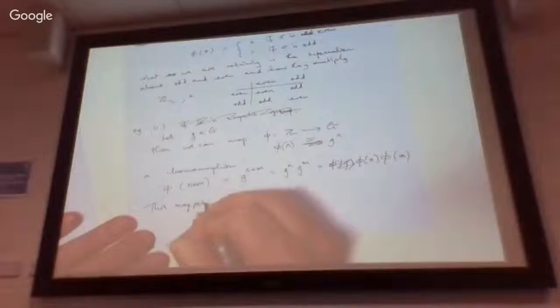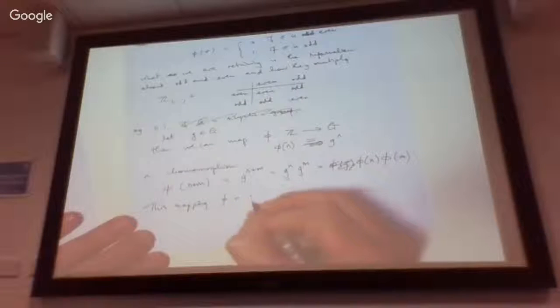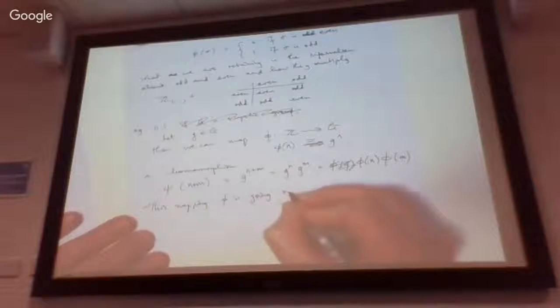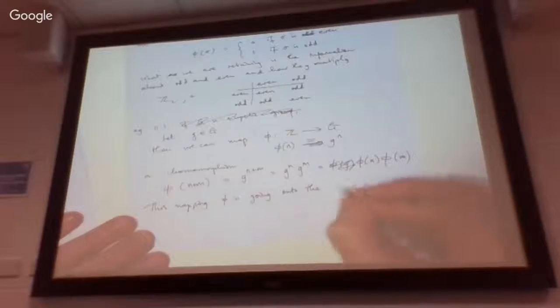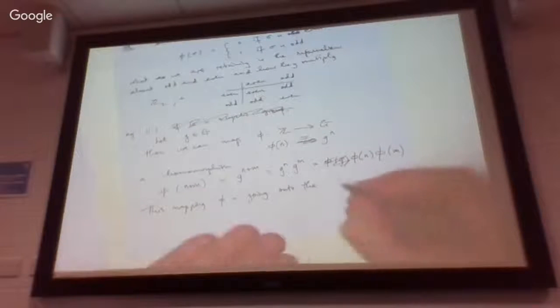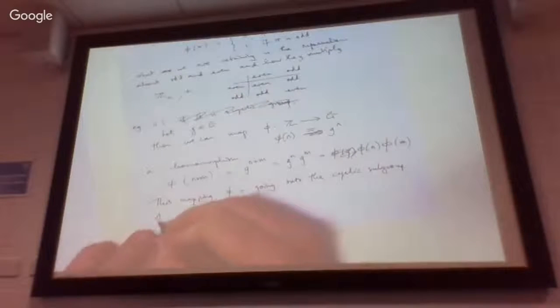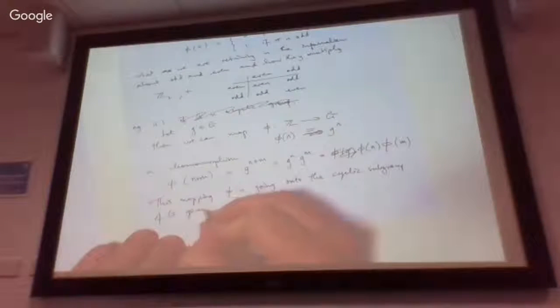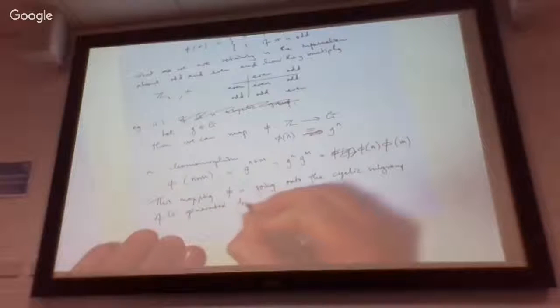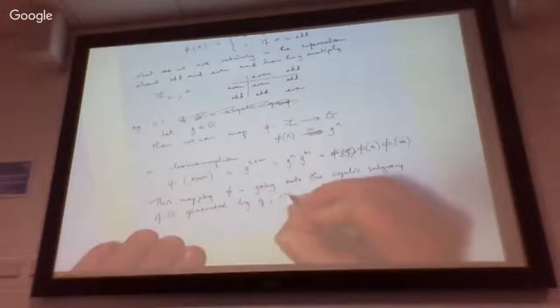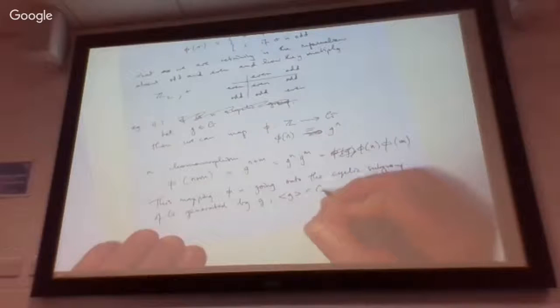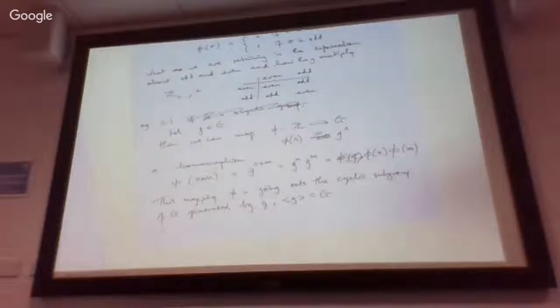And this mapping phi is going surjectively onto the cyclic subgroup of G, capital G, generated by little g.